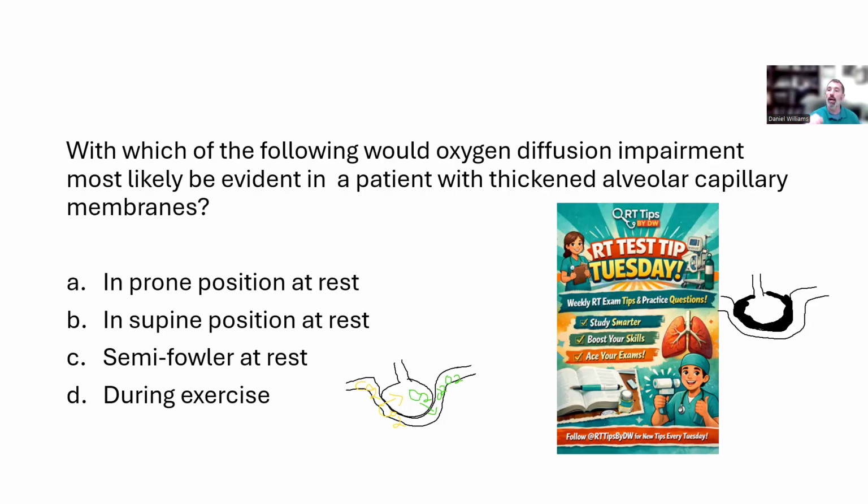You're going to have blood that did not pick up as much oxygen as it should going past that alveolar capillary unit. So it's not as saturated as it should be, or doesn't have the appropriate pressure of oxygen to satisfy our body's demand.